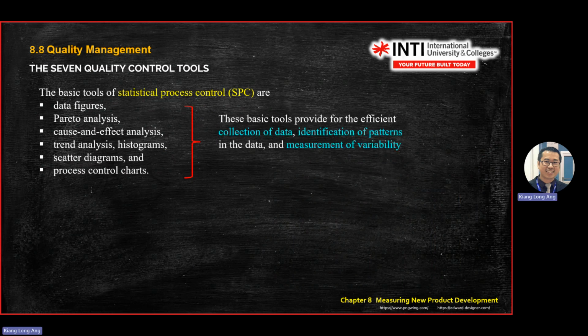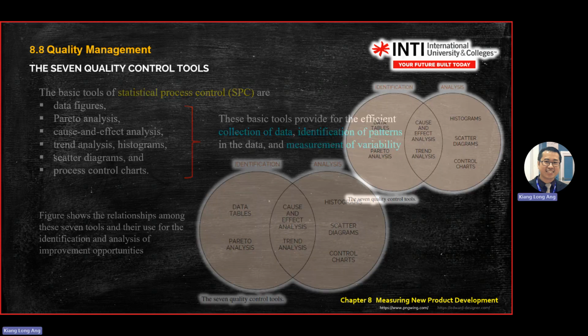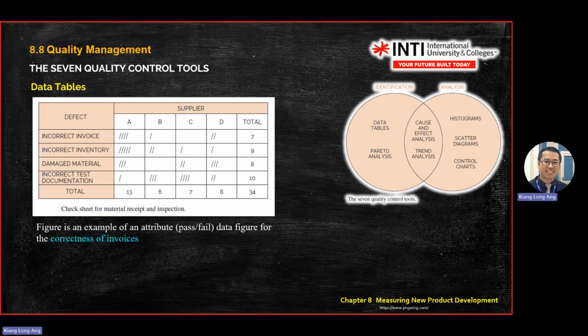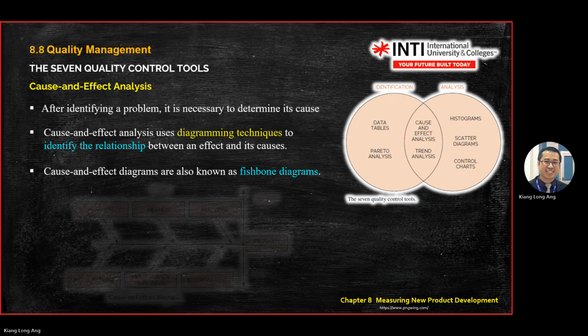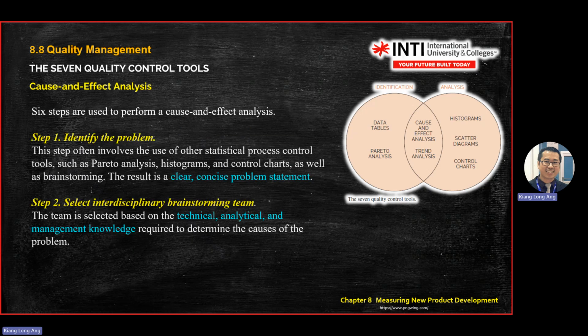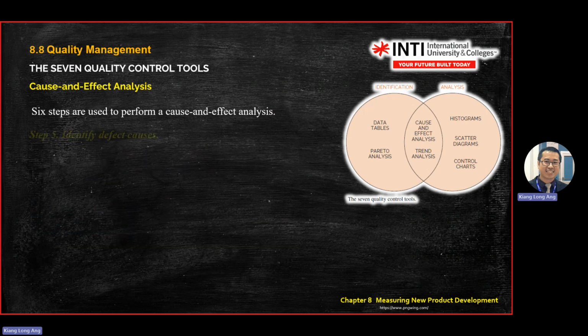Okay, this one we cover very heavily, SPC, statistical process control. So you read a lot of theory. Cause and effect analysis, previous slides we use fishbone. This one also we go very deeply. How they do, how they apply.